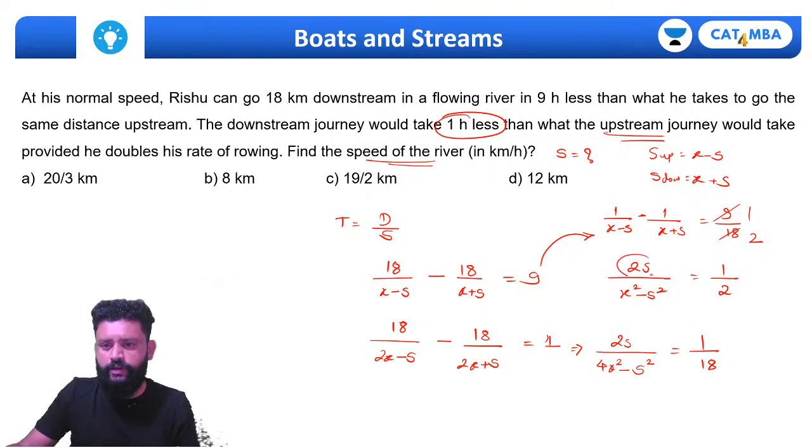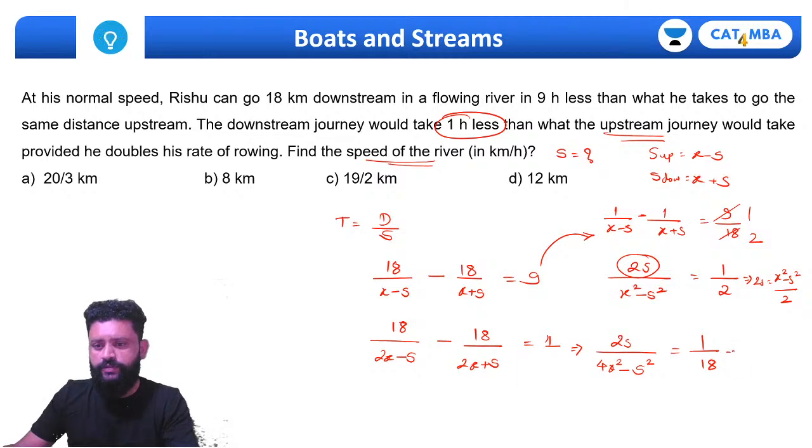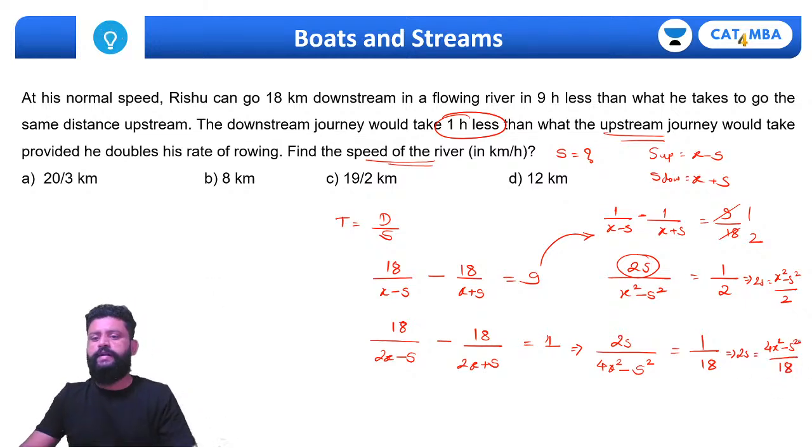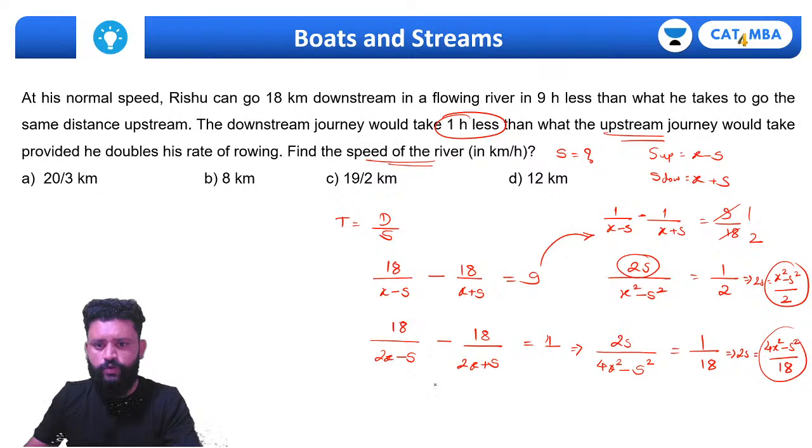We can even compare the value of 2s. 2s will be x square minus s square upon 2, and from here you can get 2s is equal to 4x square minus s square upon 8. Right, so these two values must be equal.